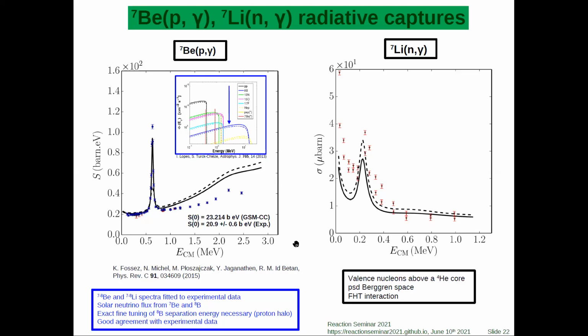So this means that we can calculate a radiative capture cross-section with the Gamow Shell Model and compare cross-sections and the structure, because we can calculate the many-body states with the Gamow Shell Model as well. We also calculated the astrophysical factor at zero energy, and we can see that it is very close to experimental data.